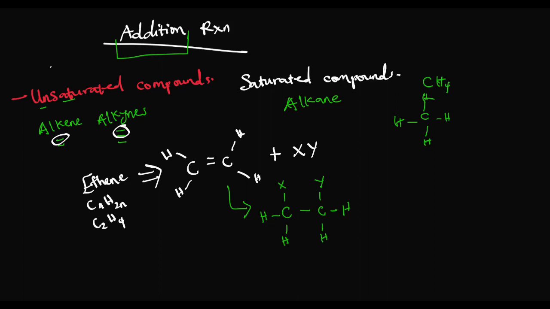Let me talk more on electrophile and nucleophile so that you'll be able to understand every concept I'll be explaining. Alright, electrophile first. It's a very simple concept. Electron, electrophile.